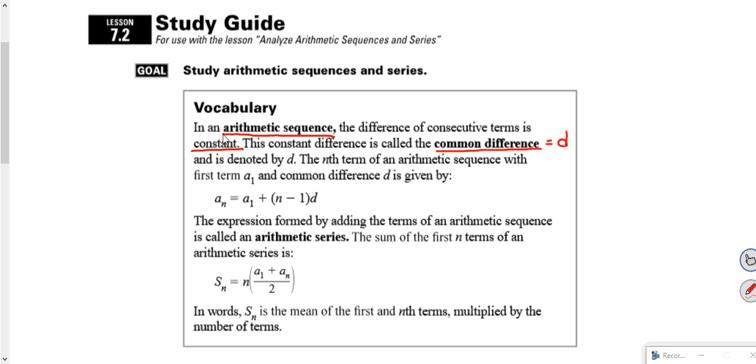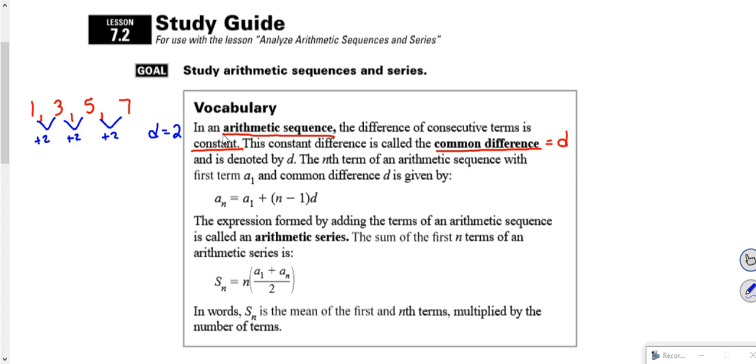For instance, if you have the sequence 1, 3, 5, 7, you'll notice that the common difference here is +2. You add 2 to get from one term to the next. So our d would be +2 in that case. That's what they're talking about.